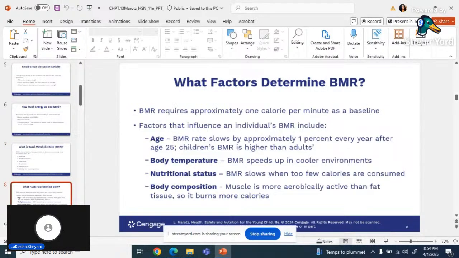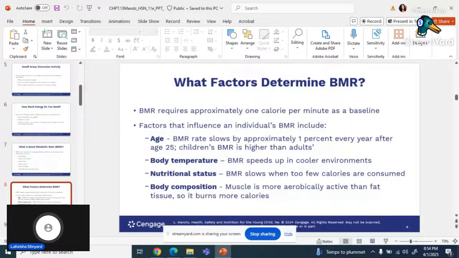What factors determine your BMR? Your BMR requires only approximately 1 calorie per minute as a baseline. The main factors are your age, since your BMR slows by 1% every year after the age of 25.